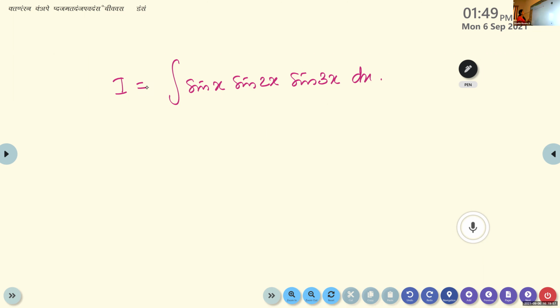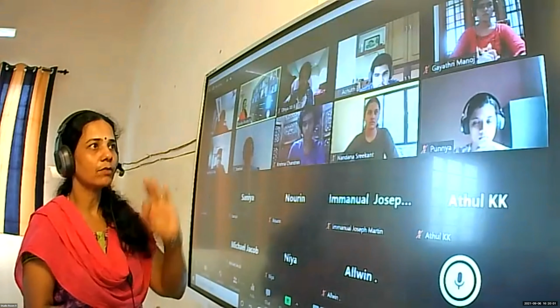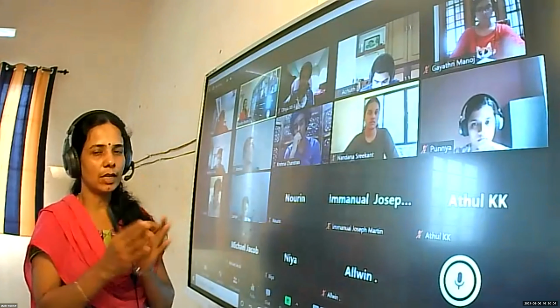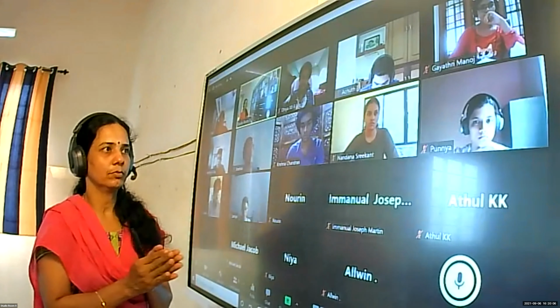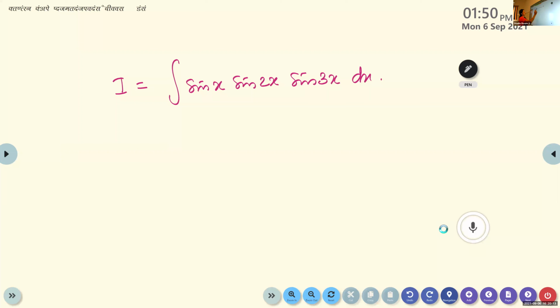Okay, listen. Whenever we get more than 2 terms, here we have 3 terms, you have to look at whether it is possible to regroup. If we take the first 2 terms, when we add, we will get 4x. If you look at the previous problem, the formula involves a plus b and a minus b, where the trigonometric ratios come in terms of sine and cos, and we add or subtract the angles.